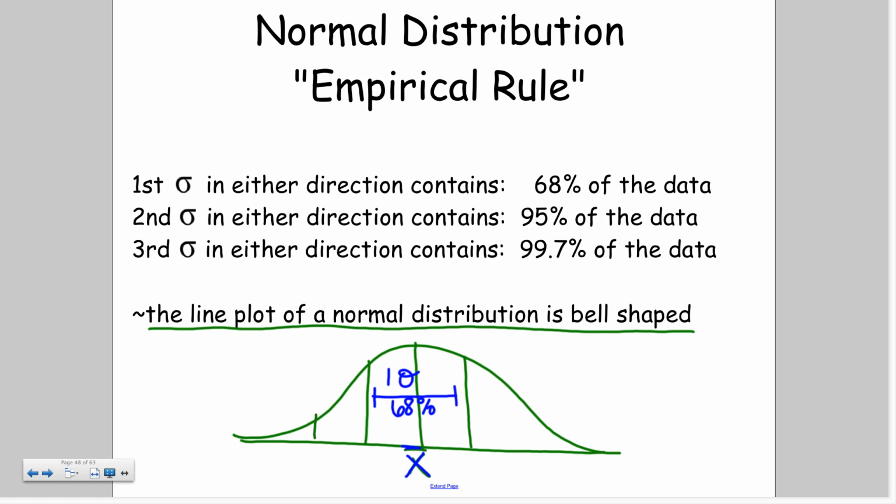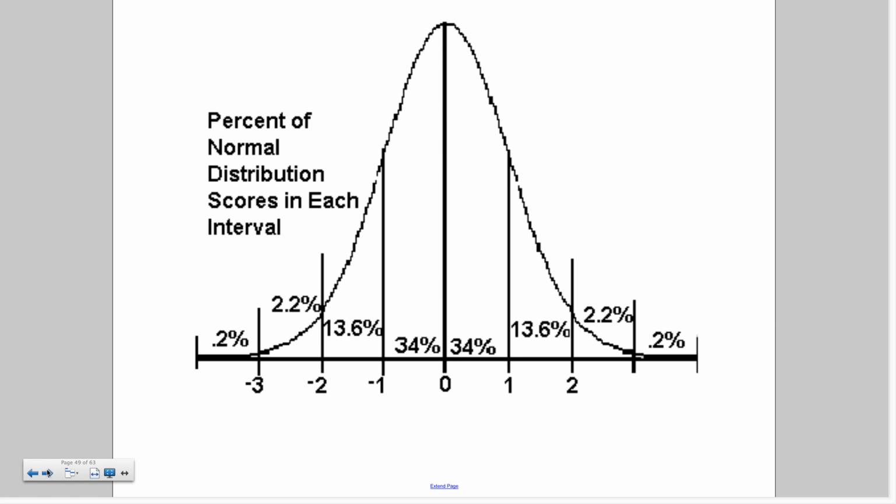If I go out one more, this is two standard deviations, and this is always within 95% of my mean. If you go out one more, then you're going to have three standard deviations. So you get the concept of what's going on. And that is going to be 99.7% of my data. 99.7, 99.6, it depends.